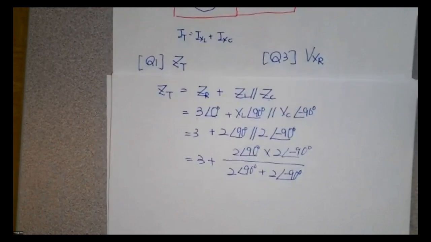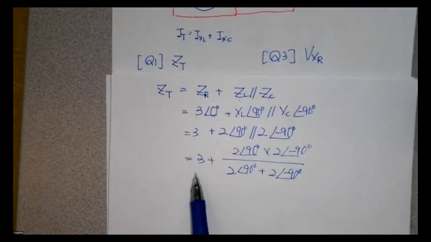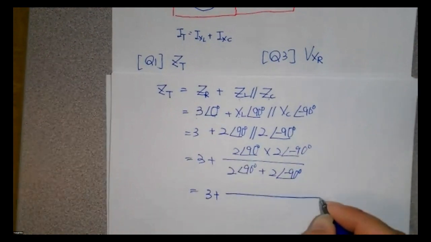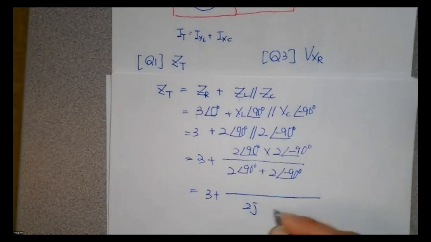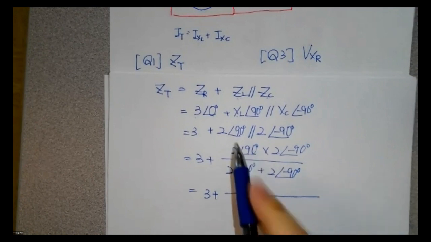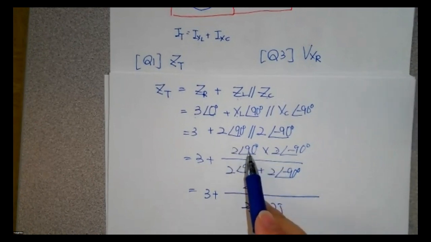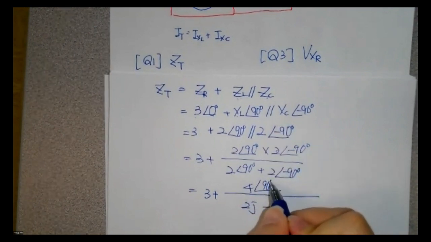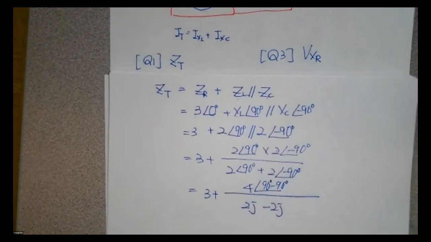Okay. So from here, go to the next step is kind of just the math. Okay. 3, the plus the 2j minus 2j. The 90j minus 90, minus j. Okay. And 2 multiply 90 minus 90, 90 minus 90.